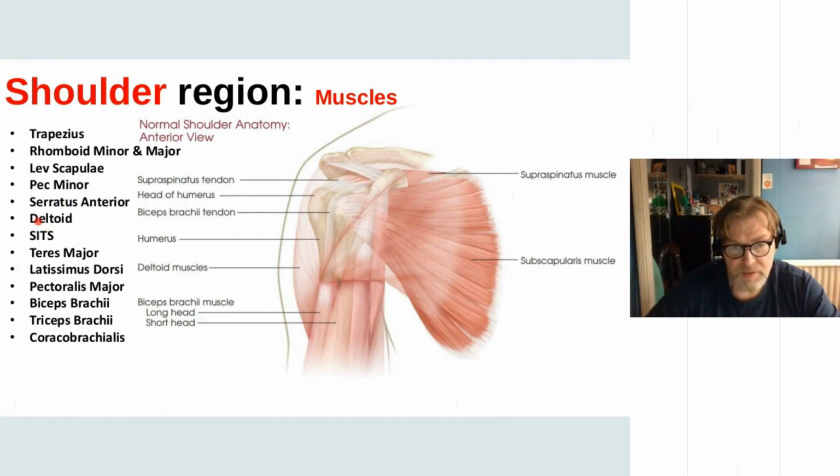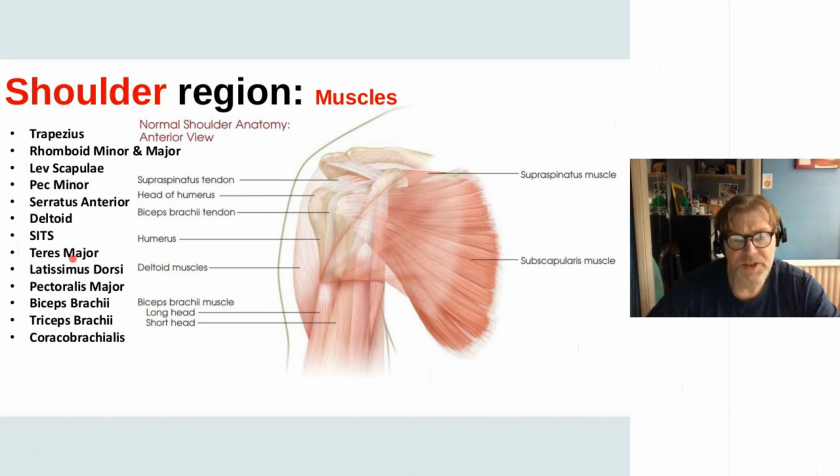And then we have the glenohumeral muscles. So we've got the deltoid, which has anterior, posterior, and middle fibers, superficial, attaching around the lateral clavicle and scapula. Supraspinatus, infraspinatus, teres minor, and subscapularis form the rotator cuff. Deep muscles, tiny little muscles, but essential to optimal functioning of the shoulder.